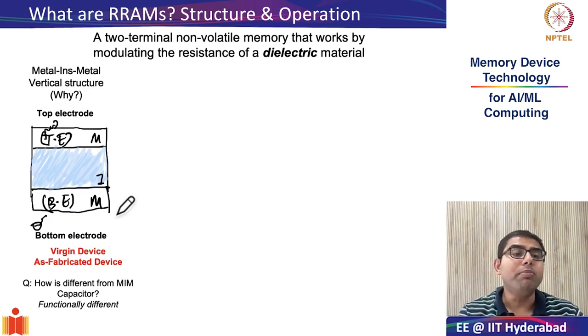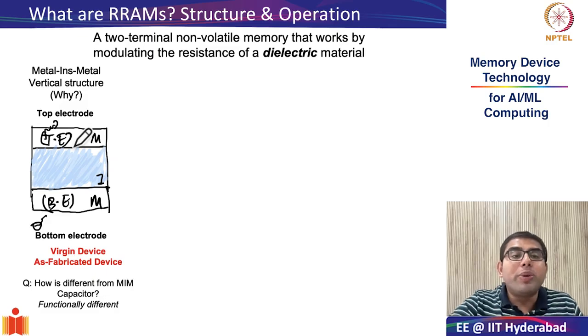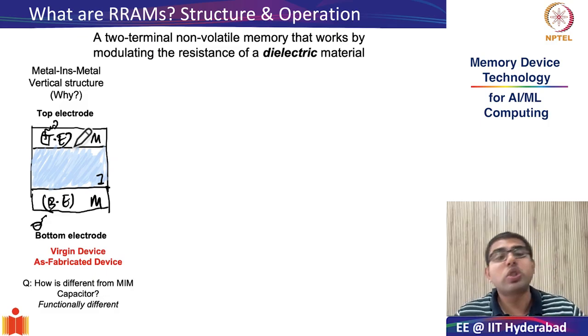Both are MIM structures, MIM capacitors, but they are functionally different. The functional difference first comes in the fact that in an MIM capacitor, you do not want any degradation of this oxide to happen. A capacitor is supposed to work such that there is no leakage through the two metal contacts. But in an RRAM device, you want to create elements which switch between high and low resistive states. The same is the case with programmable read-only memories.